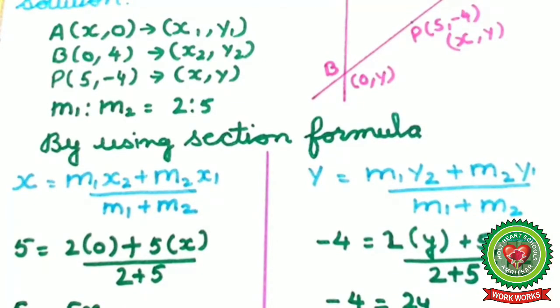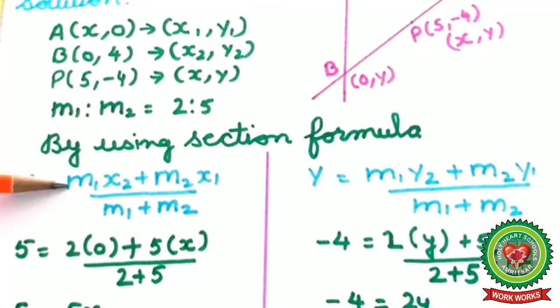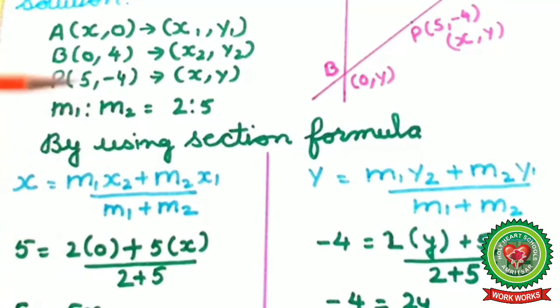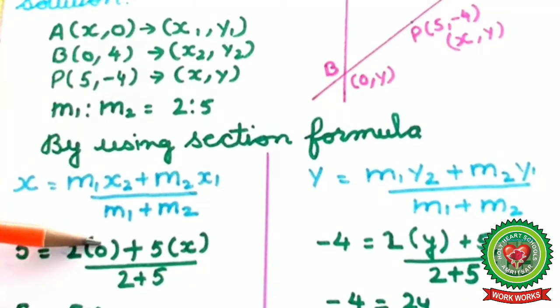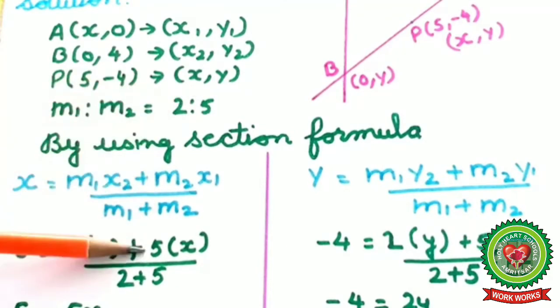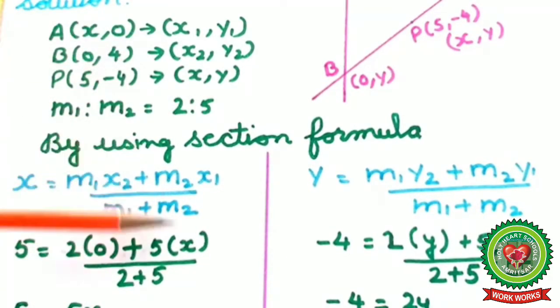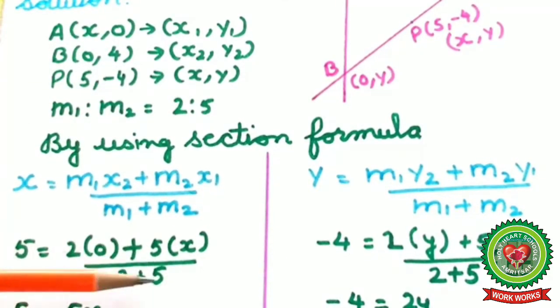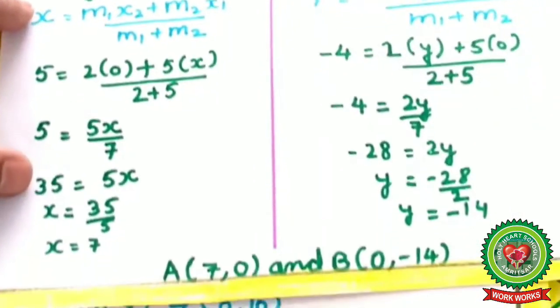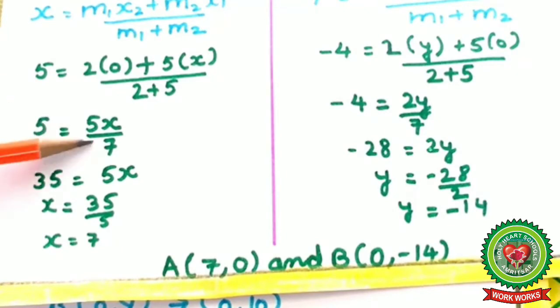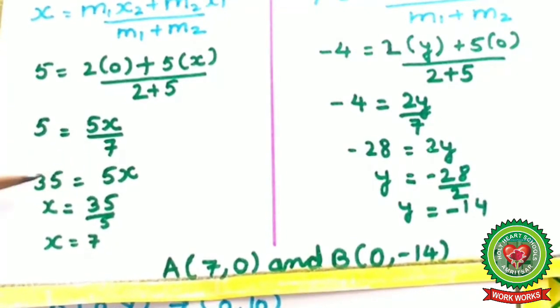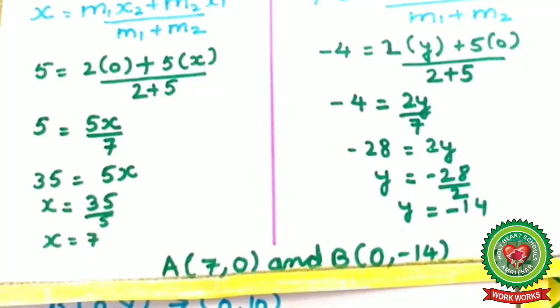Now the value of x is 5, the value of m1 is 2, the value of x2 is 0 plus 5, and x1 is x, upon 2 plus 5. Now after solving here, 5 into 7, 35, and after dividing, the value of x is 7.